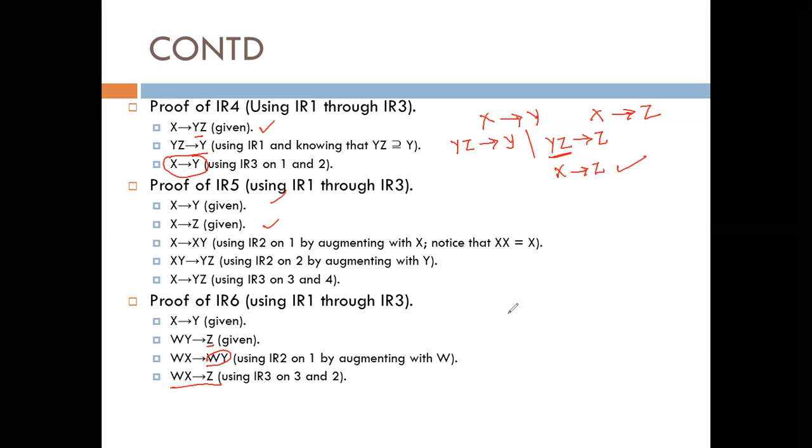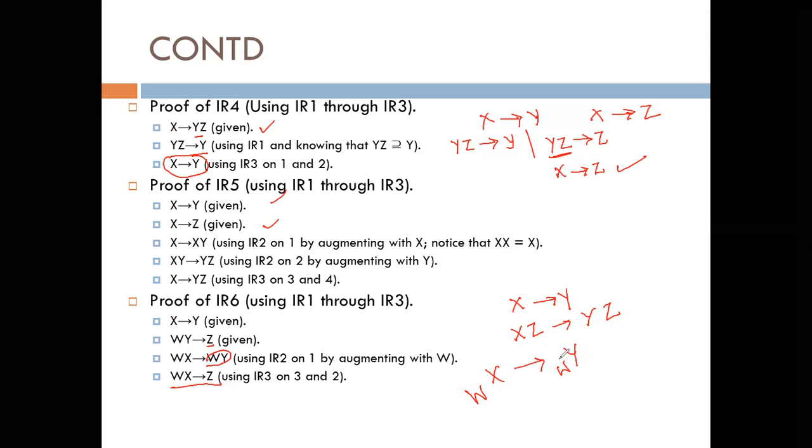The augmentation rule means that if x is determining y, then we can add an attribute to both sides. So if x is determining y and wy is determining z, for the first rule, x determining y, we can add w to both sides.